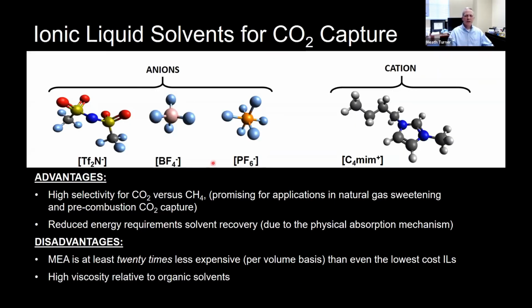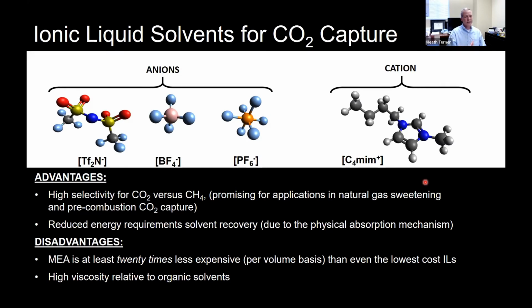So over the years, we've looked at different ionic liquid solvents for CO2 capture. Ionic liquids can be very selective for CO2 versus methane, or CO2 versus other species. And since they absorb CO2 by a physisorption mechanism, the energy for recovery can be lower. So that can be an advantage.